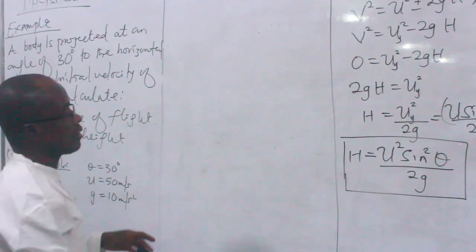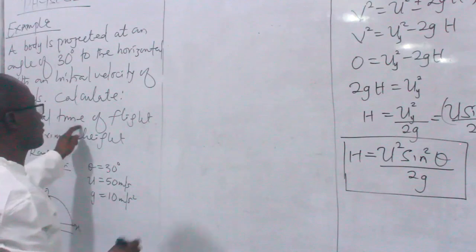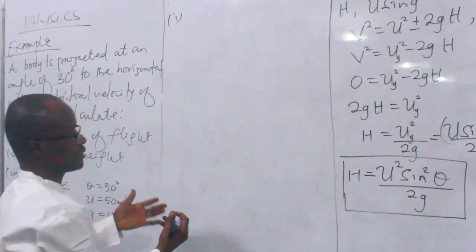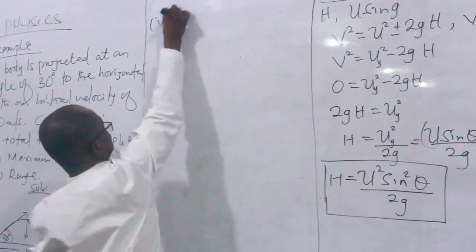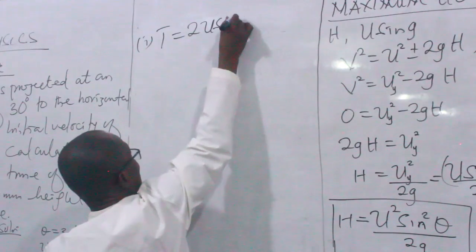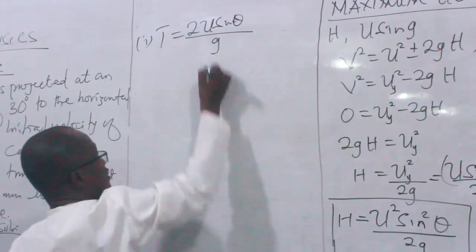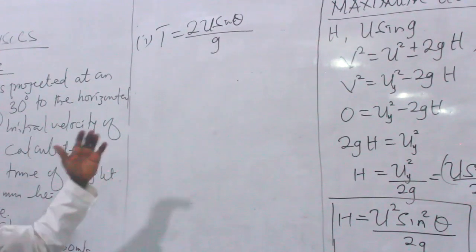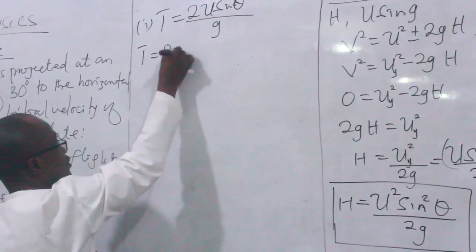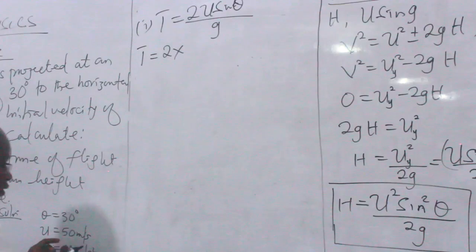So the first question says we should find the total time of flight. The first one, always remember the expression. Time of flight, t, equals 2u sine theta over g. Always remember it, 2u sine theta over g. The time of flight equals 2 times u, where u stands for the initial velocity.